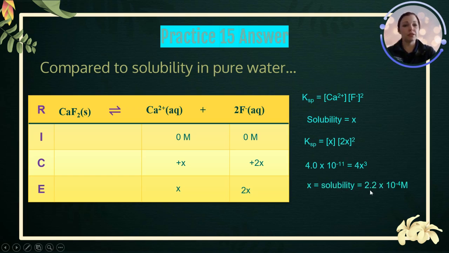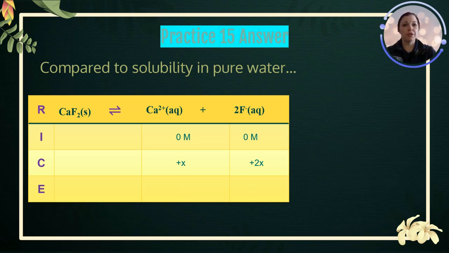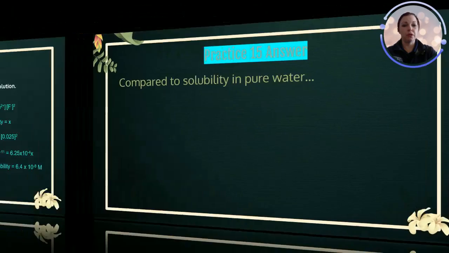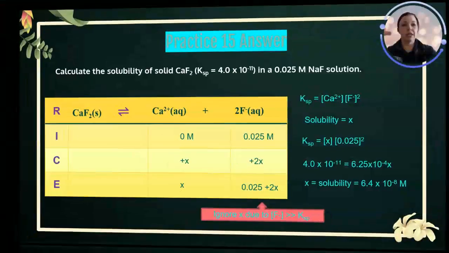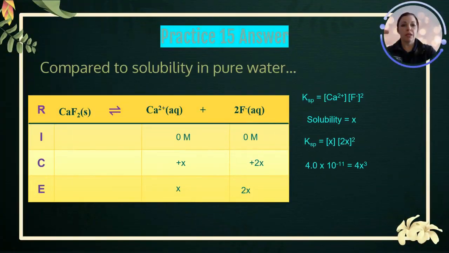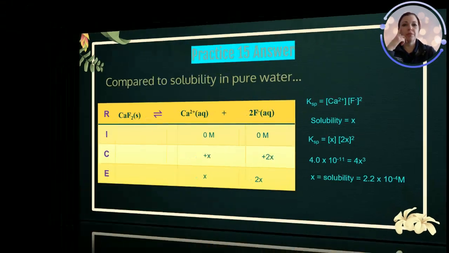And then when you solve for x, you get 2.2 times 10 to the negative 4th molar. And so that is quite a lot larger than our answer before, because this was to the negative 8th. That's off by a magnitude of 4. So that's a very impactful change that we saw here with the common ion.